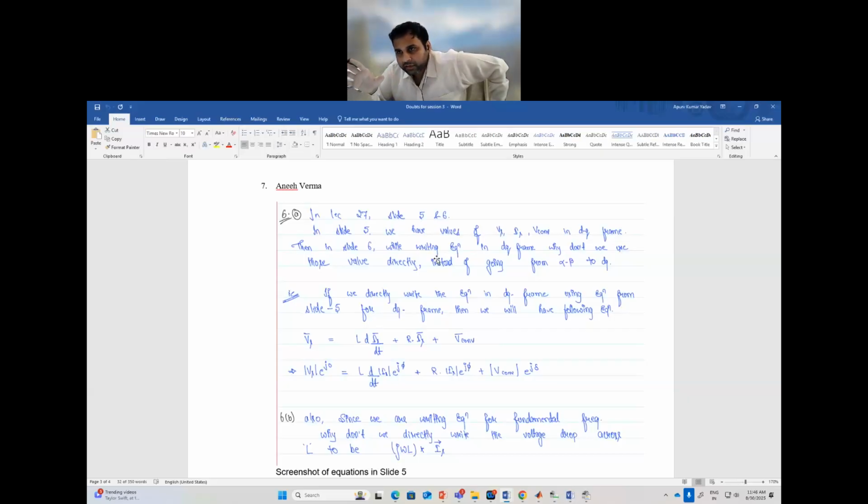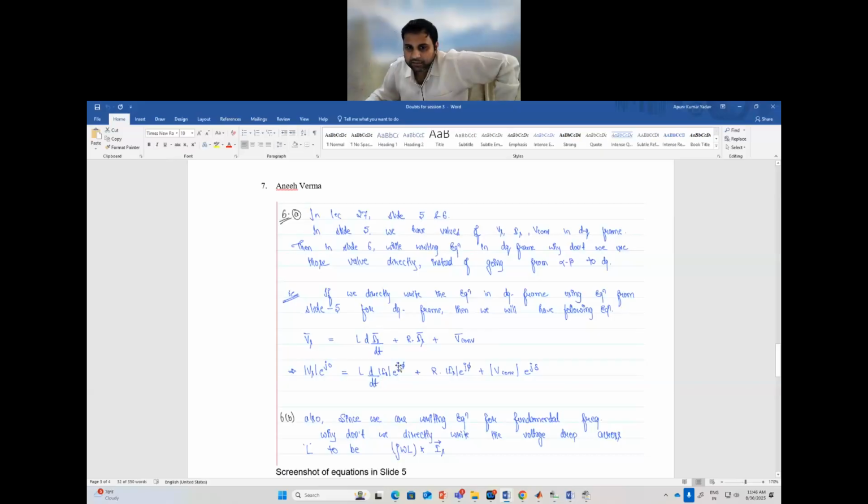Similarly, our circuit is actually excited from the three-phase system, so we first go from the three-phase system to the two-phase system, because in the circuit we can only write for the three-phase quantity. That is why we first go to the alpha beta axis and then to the dq axis.